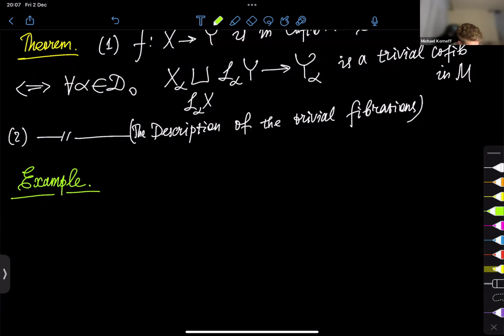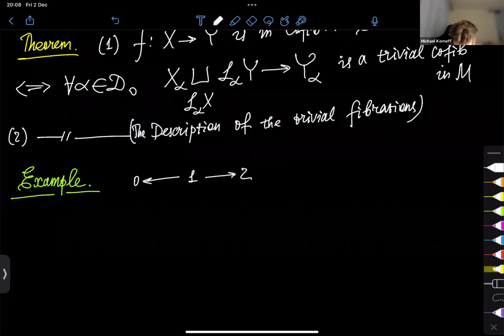And in this case, we should take as our Reedy category some shape category of a diagram. For example, we can consider the following category, which of course has the shape of a push-out diagram.